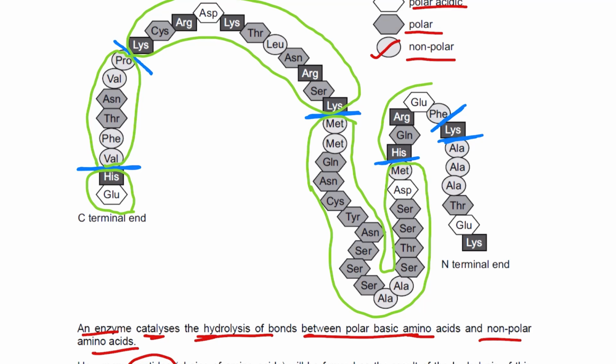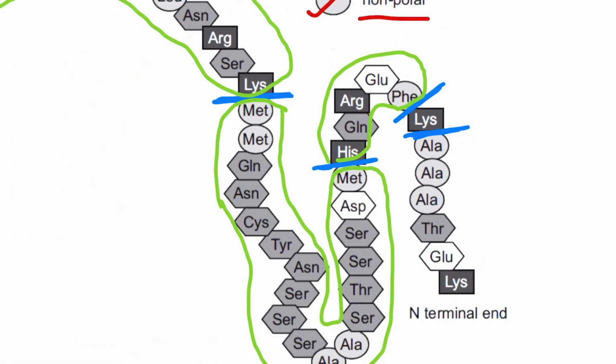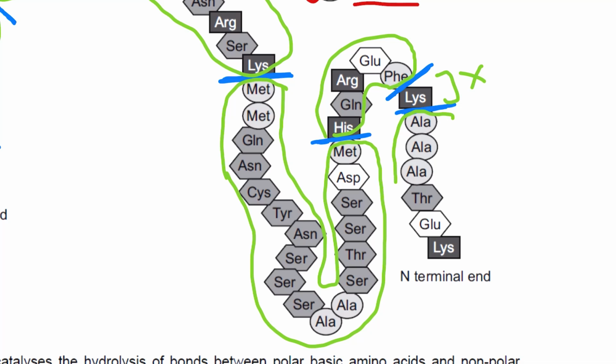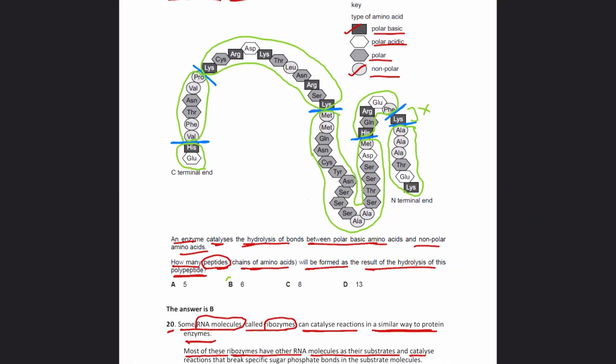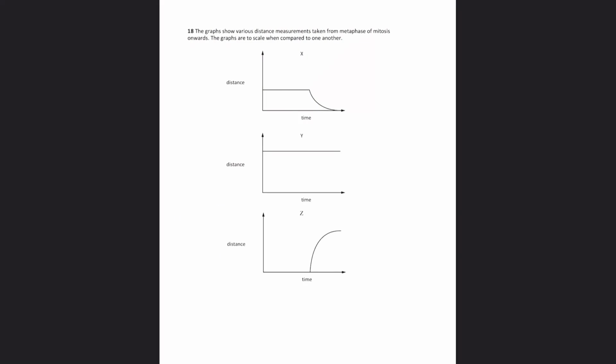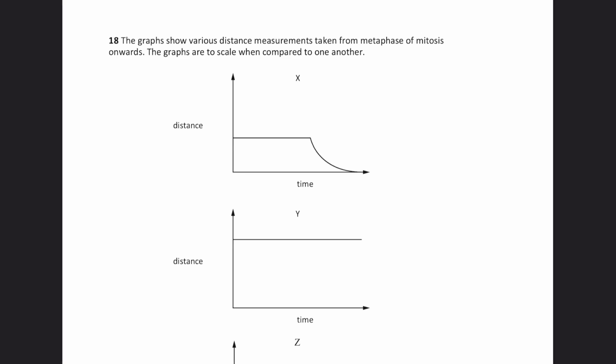This one is the fifth peptide. Guys, this is a single amino acid, so we will ignore this. And this is the sixth peptide. So how many peptides do we get? 6. The answer is B. Let's move on to MCQ number 18.